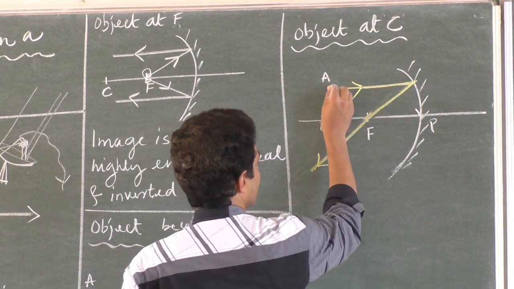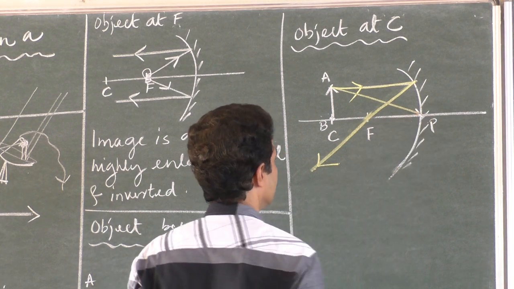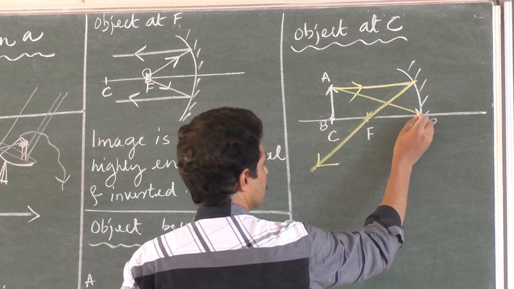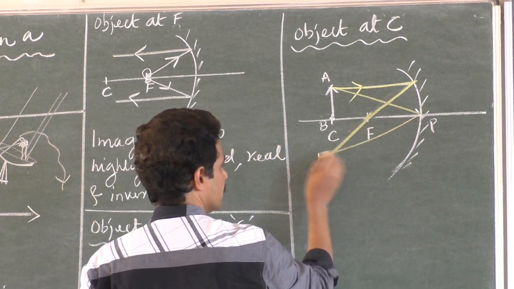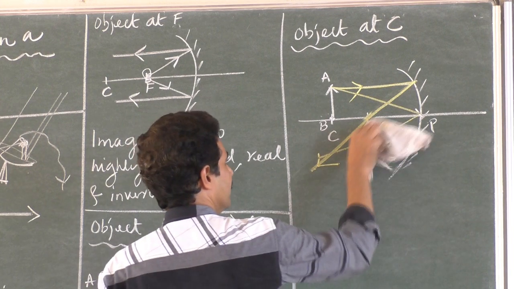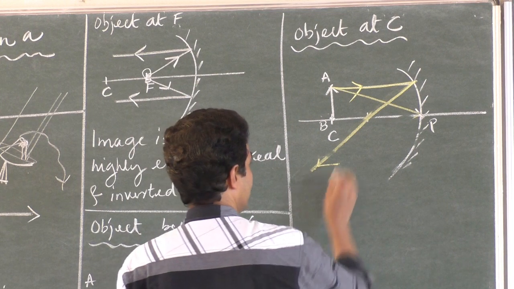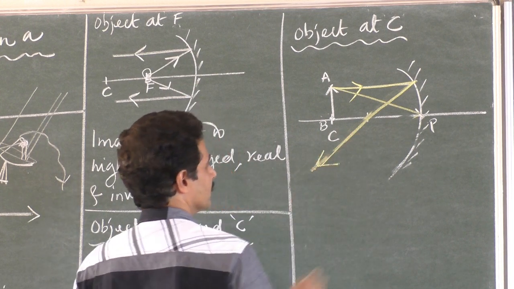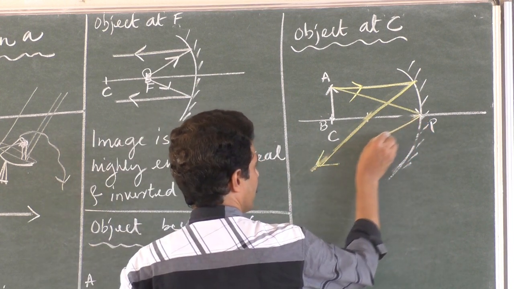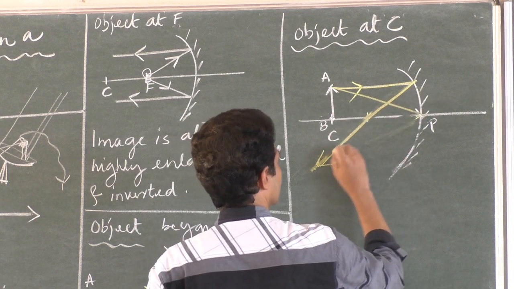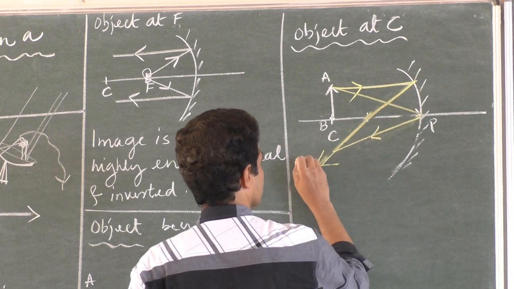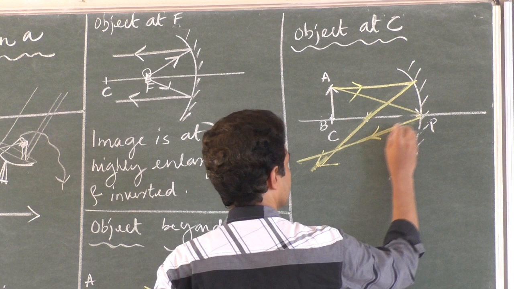Another ray incident at the pole like this. After reflection, it should reflect with the same angle and come here. So I know where the image should be formed. That's why I am trying to correct it. It should be geometrically proper, or I'll do it like this. This is a better option. So it gets reflected like this.